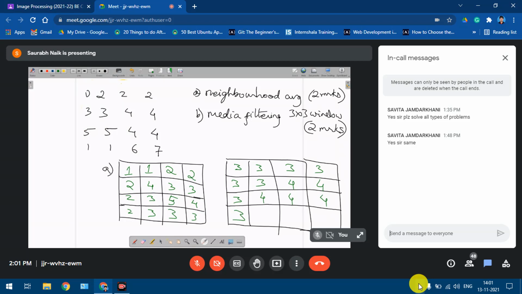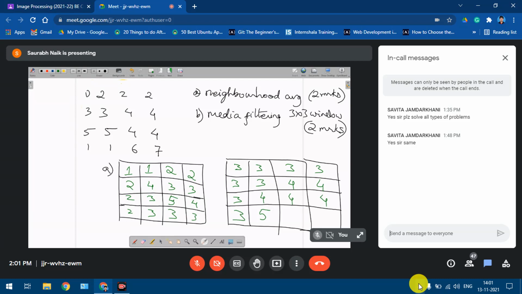So here I'll have the sorted list as 1, 1, 4, 5, 5, 6, and since I have to take the median as the average between the third and the fourth number, that's the average between 4 and 5, which is 4.5. Since we are rounding it, we'll get the output as 5.